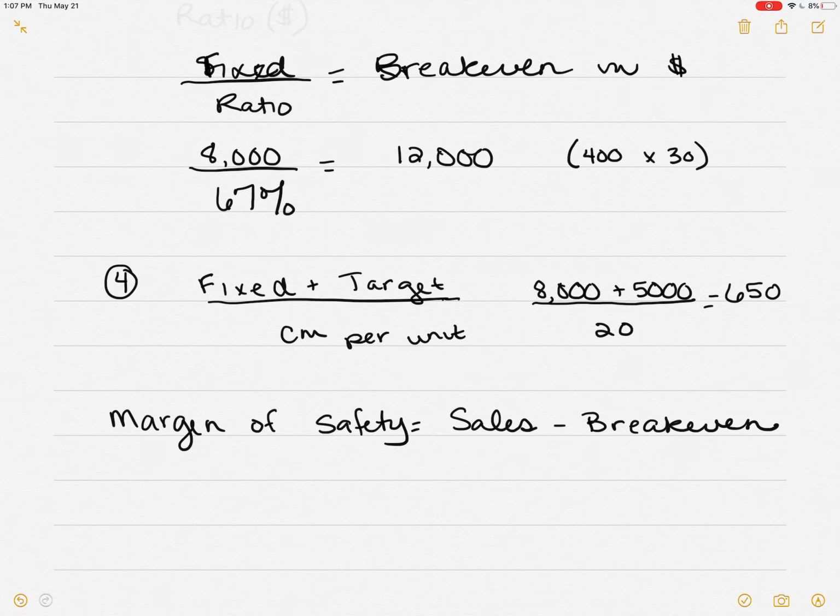So in this example, if I know I'm going to sell 650 units, they each cost $30, that's going to give me a sales of $19,500.